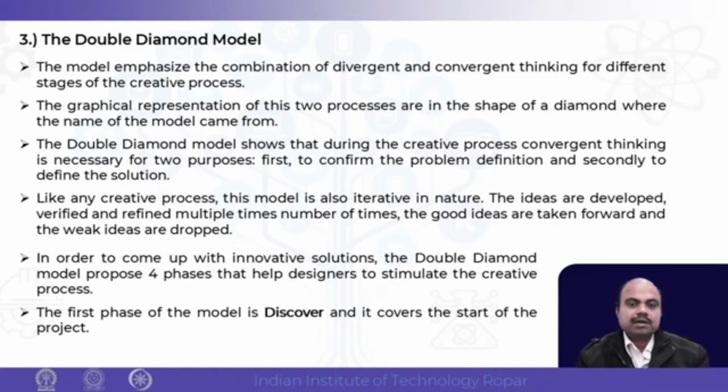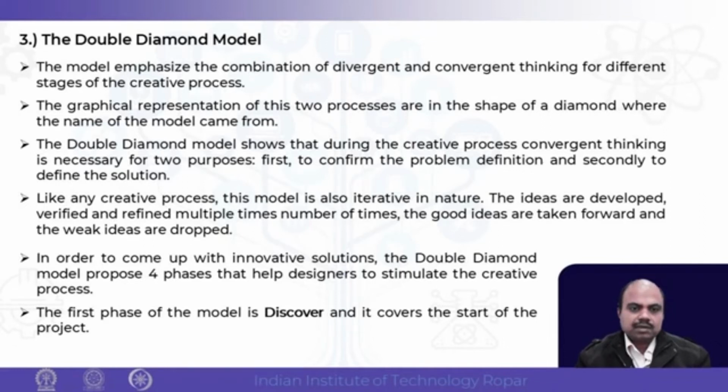So in this diamond method, it is a combination of divergent and convergent thinking for different stages of the creative process. The graphical representation of these two processes is in the shape of a diamond, which gives it its name. So the double diamond method shows that during the creative process, convergent thinking and divergent thinking are both important.